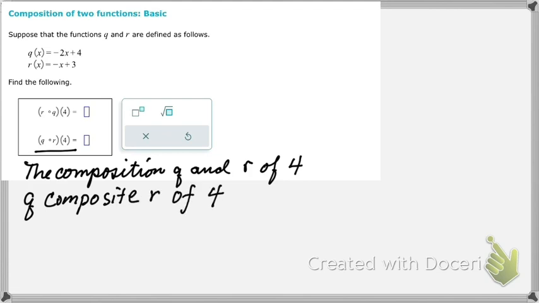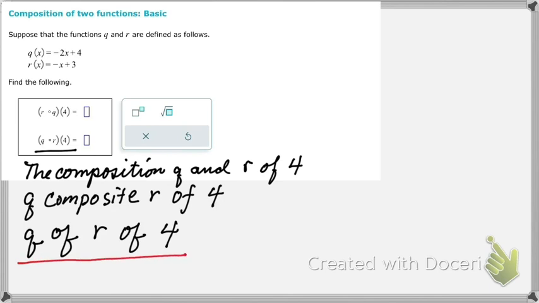So there's where the word composition can come into the way I'm reading it. But the most useful way of reading it is Q of R of 4. Here we don't use the word composition, but this gets more to the point about what this operation is. What is this composition operation? It is Q of R of 4.